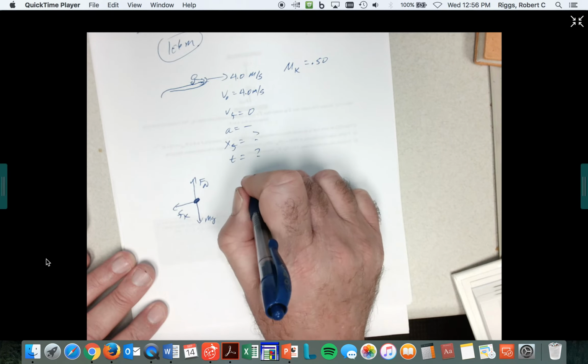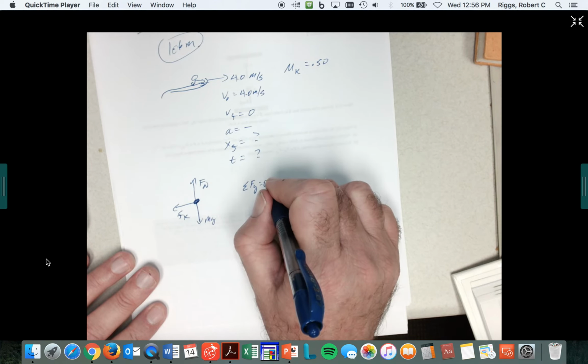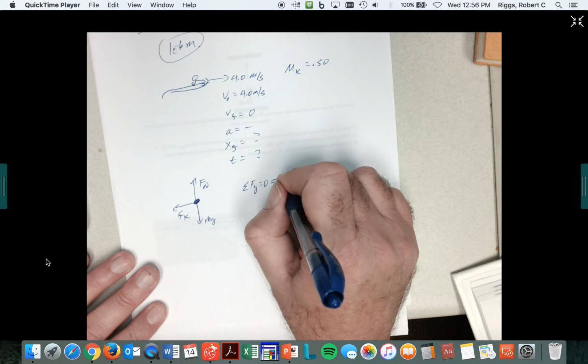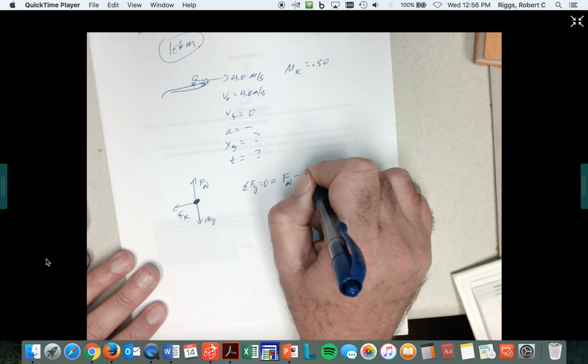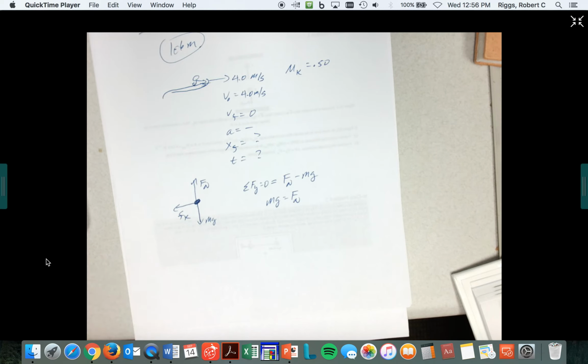Sum of the forces in the y direction is equal to 0, because he is not accelerating vertically, so I've got Fn minus mg equals 0. Therefore, mg is equal to Fn. I'm going to be very meticulous about that, because sometimes, like if we're at an angle, the normal force will be less than mg.